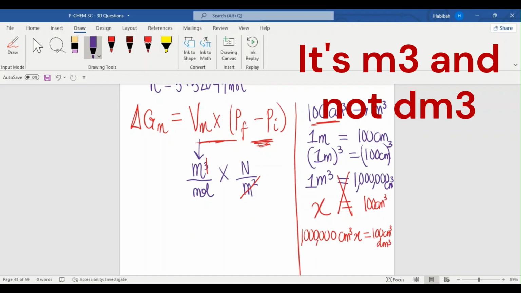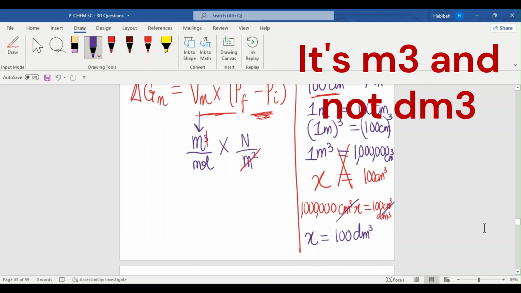So of course, cancel centimeter cube here, cancel centimeter cube here. So what you end up with is X is equal to 100 meter cube divided by 1 million. So of course, cancel this out. So X is just going to be 1 times 10 raised to the power of negative 4.